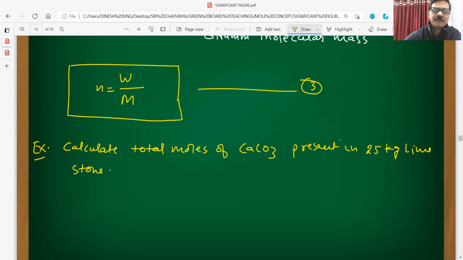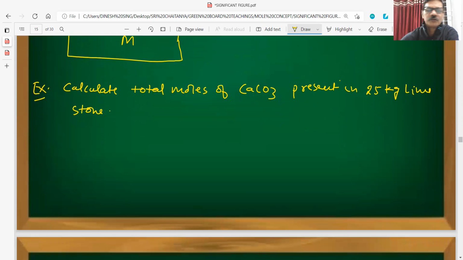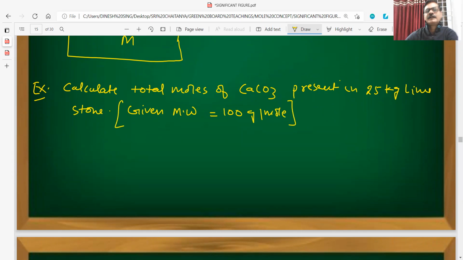Calcium carbonate is limestone. So given its molecular weight, that is 100 gram per mole. So this is the given quantity.